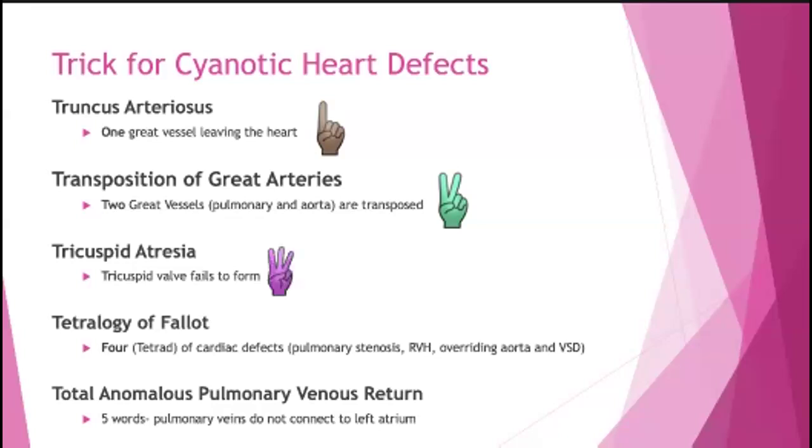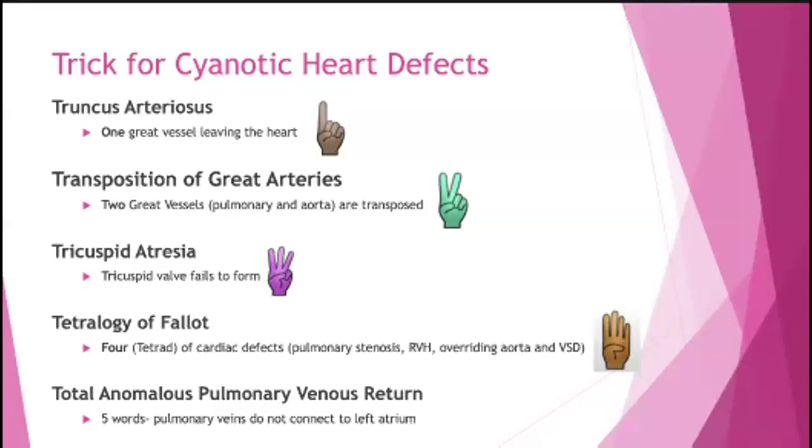3 fingers is going to be your tricuspid valve. And with this, your tricuspid atresia, we have a failure to form the tricuspid valve. Tri stands for 3, so that's why we use 3 fingers. Next one is tetralogy of Fallot. Tetralogy of Fallot is probably one of the highest NCLEX tested heart defects in kids. It's really important to know, and it has 4 separate defects.